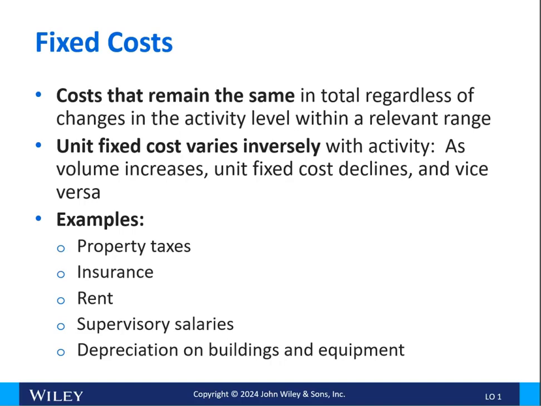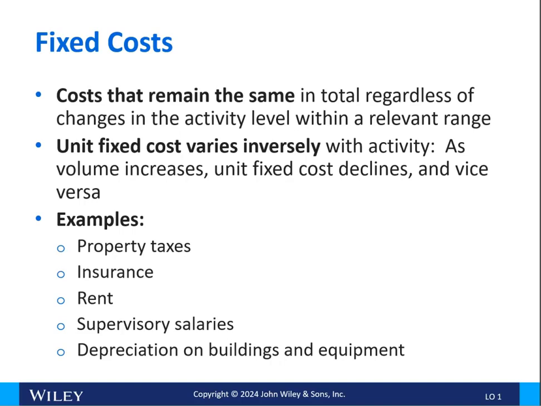Fixed costs are costs that remain the same in total regardless of the changes in activity within the relevant range. Unit fixed cost varies inversely with activity. As volume increases, the unit fixed cost declines, and vice versa. So since it's a fixed cost, total cost isn't going to change. As you produce more, the cost per unit is going to decrease.